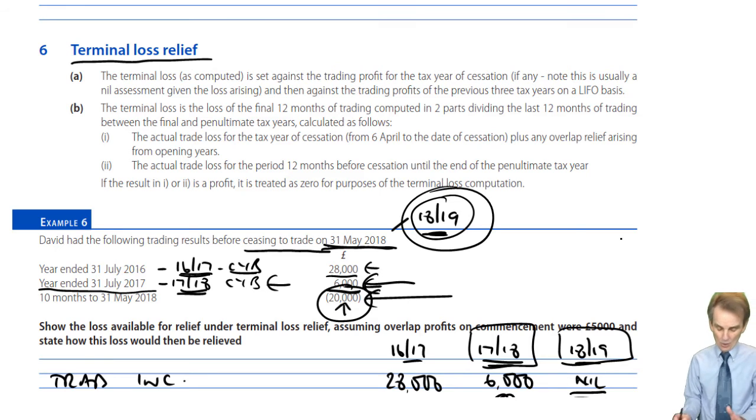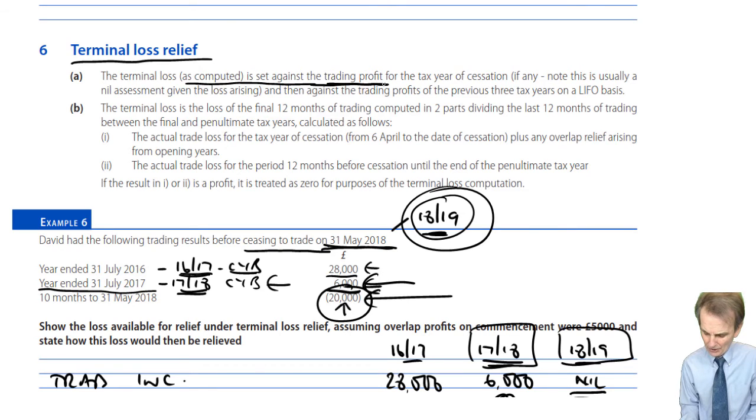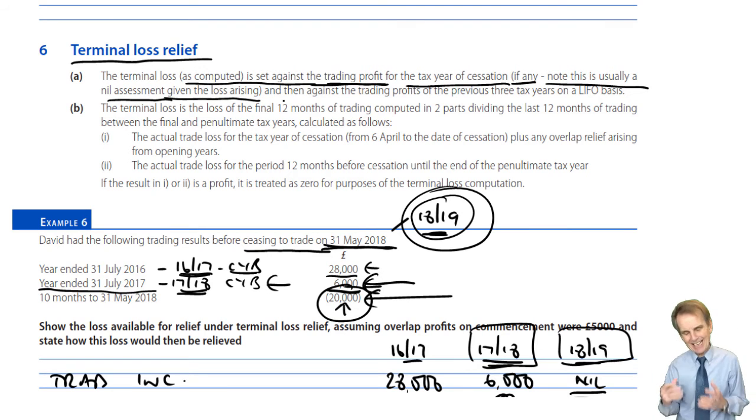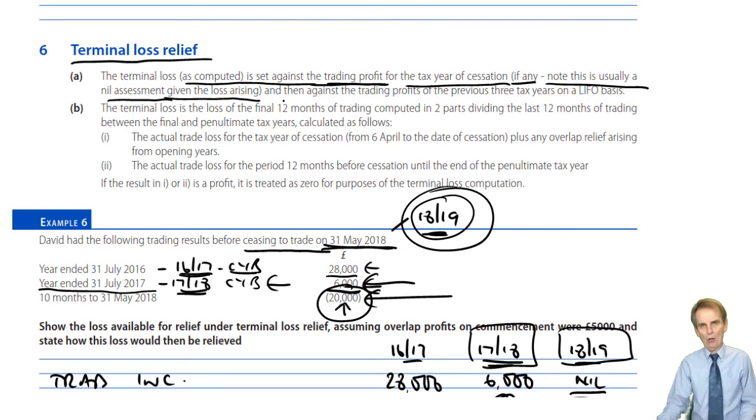Right, what do we do? The terminal loss as computed is set against the trading profit for the tax year of cessation, if any. Note this is usually a nil assessment given the loss arising. Technically speaking, it is possible to sustain a loss within the last 12 months of trading and therefore have a terminal loss, and yet still there is a profit to be assessed in the final year.